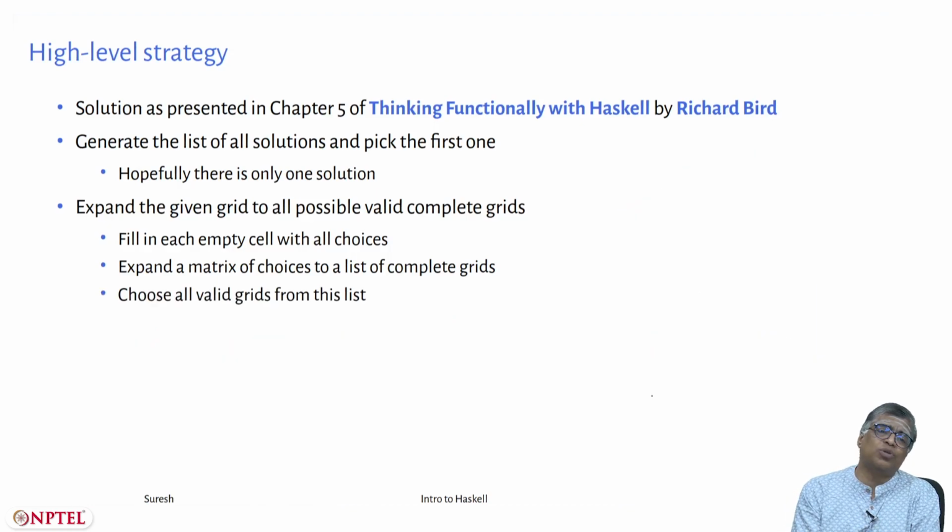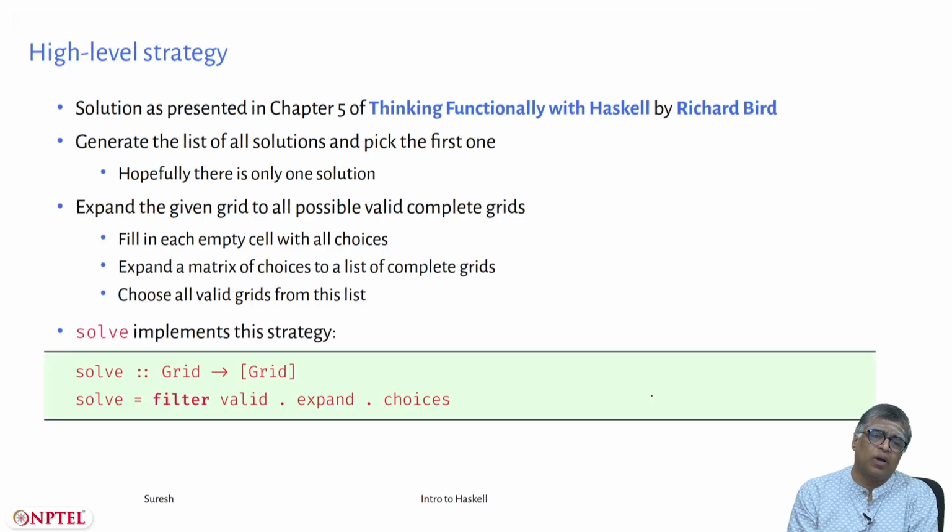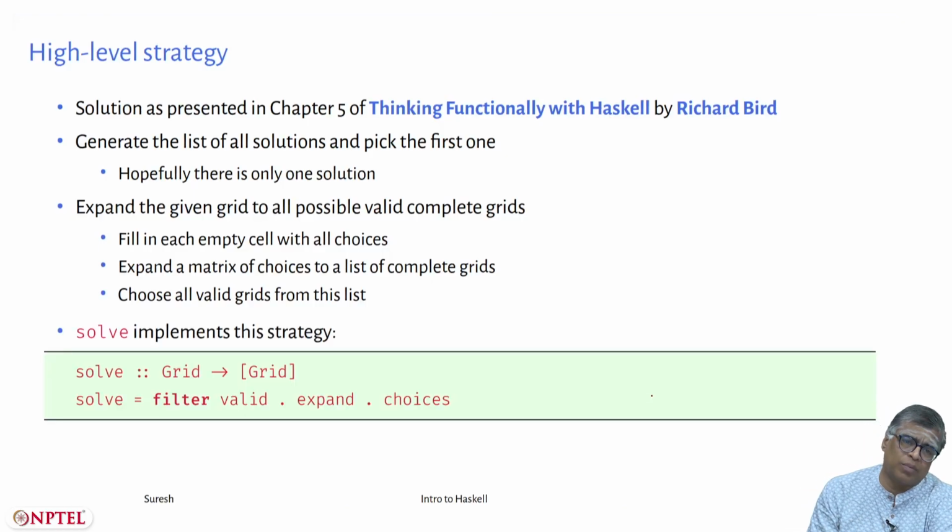Choose all valid grids from this list. Solve is the program that you want to write, and this is a very high level strategy. What you want to do is filter by the predicate valid.